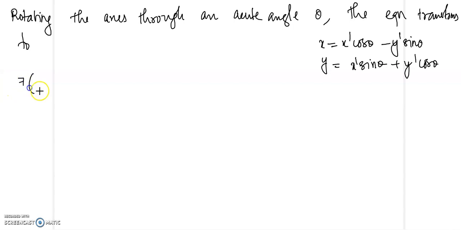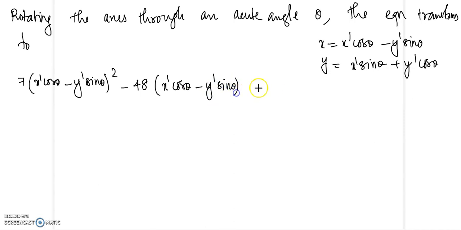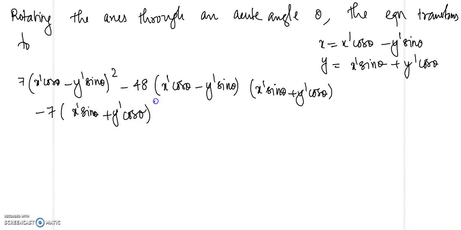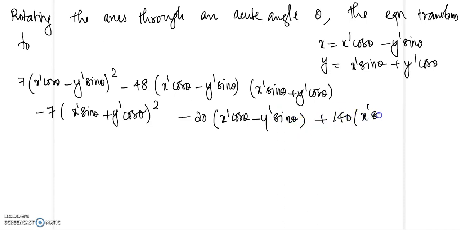So we will get 7 x square, that is 7 into x dash cos theta minus y dash sin theta whole square, minus 48 into x dash cos theta minus y dash sin theta into x dash sin theta plus y dash cos theta, then minus 7 y square, that is x dash sin theta plus y dash cos theta whole square, then minus 20 into x dash cos theta minus y dash sin theta, plus 140 into x dash sin theta plus y dash cos theta, plus 300 equal to 0.